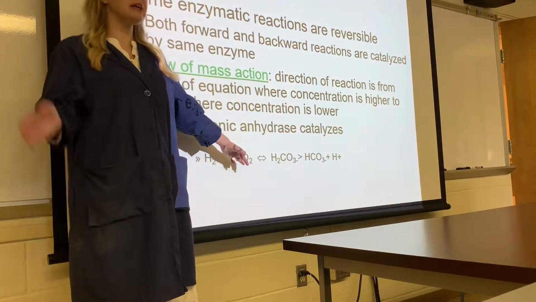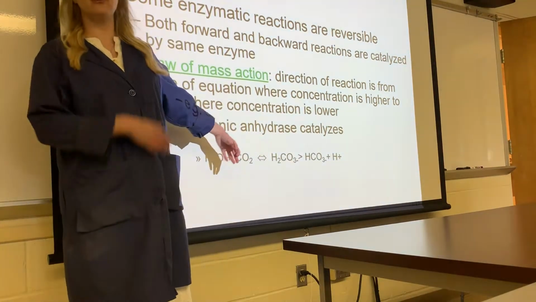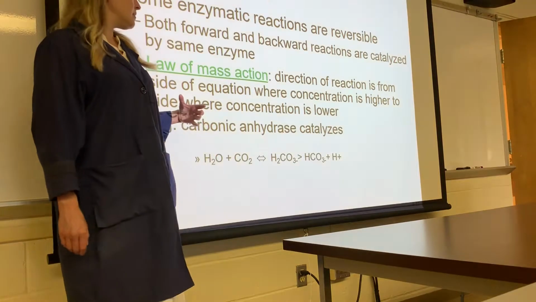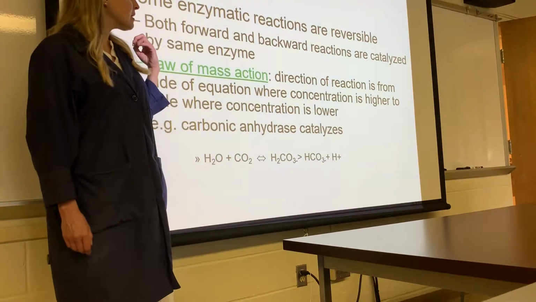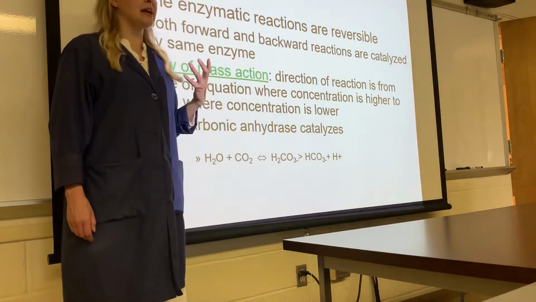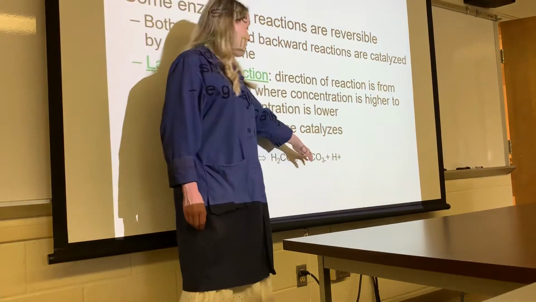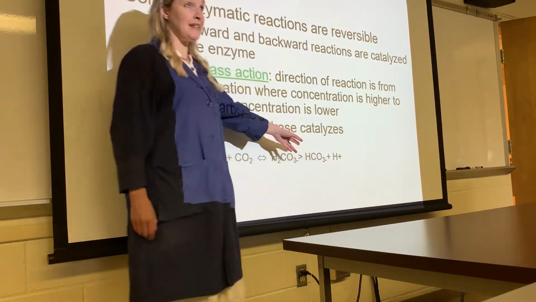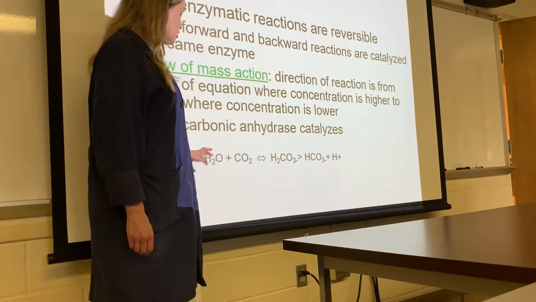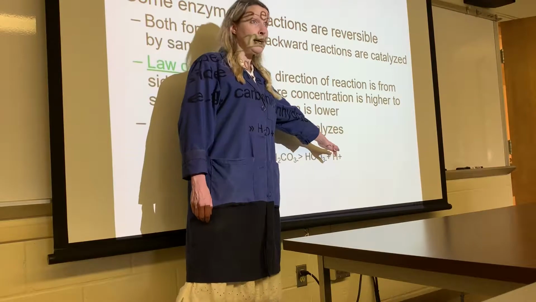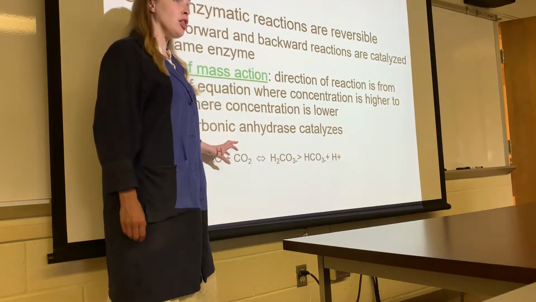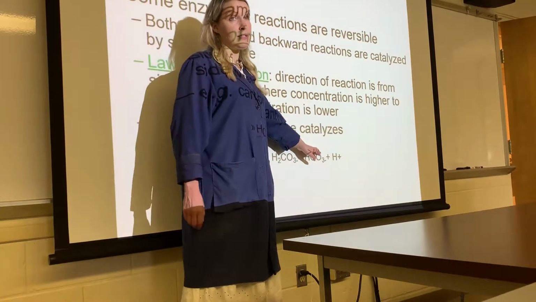Because the cells are making all this CO2, and essentially we are not getting rid of that yet. So we have less bicarbonate and hydrogen at the end. So this reaction in the tissue capillaries is favored to go to the right, from where we have a lot of something to where we have less of something.